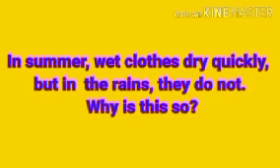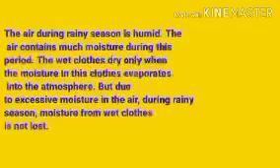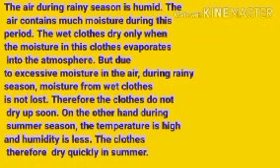In summer, wet clothes dry quickly, but in the rains, they do not. Why is this so? The air during rainy season is humid. The air contains much moisture during this period. The wet clothes dry only when the moisture in these clothes evaporates into the atmosphere.